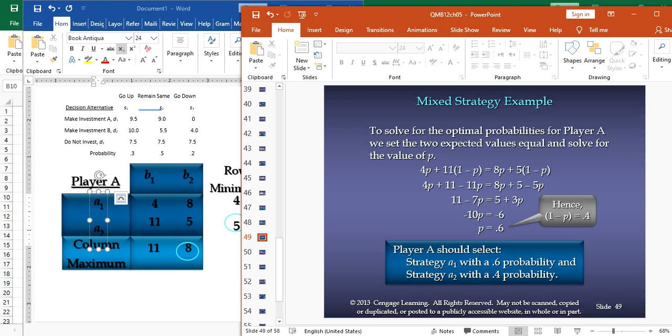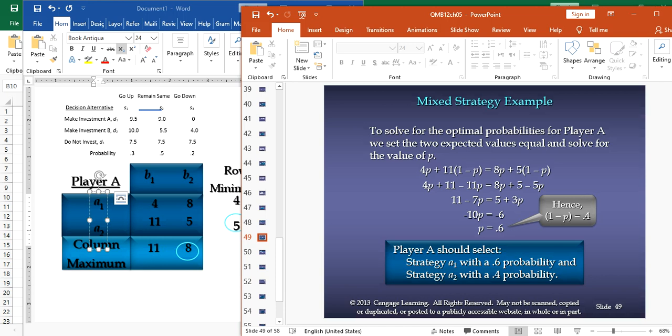Okay, so we have 4p here. 11 multiplied by 1 will be 11, and we have minus 11 multiplied by p, which is 11p. The same is here, and applied over there.